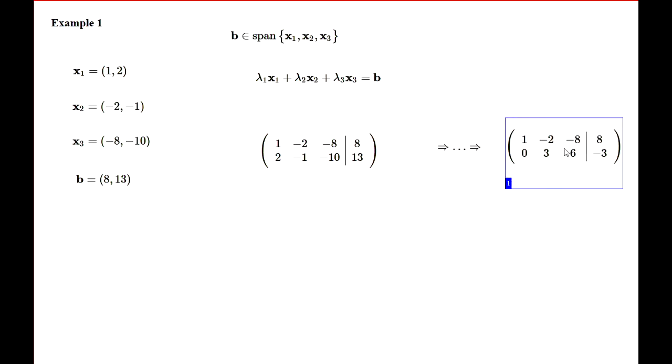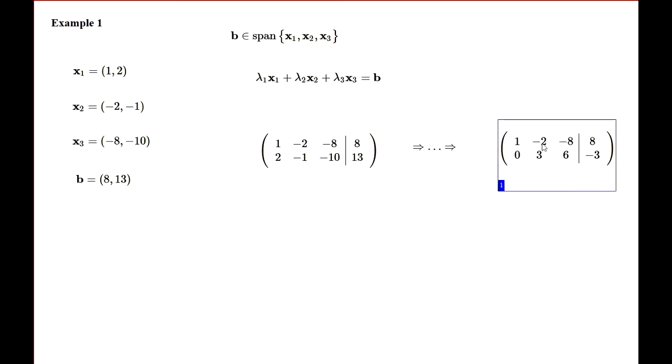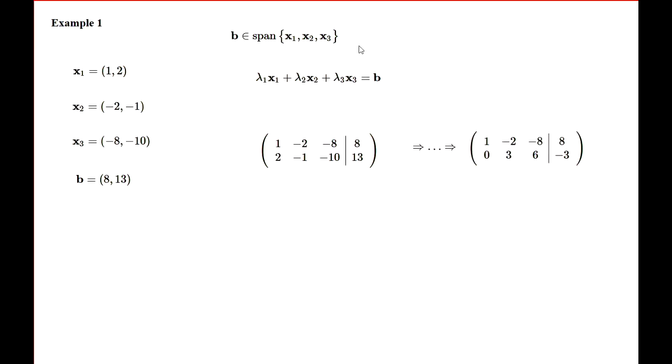Hence, the system is solvable, and the answer to this question is yes. It is in a span. Before, it was a question mark. We didn't know whether it belongs to a span, but now we do after we found the row echelon form and analyzed that.